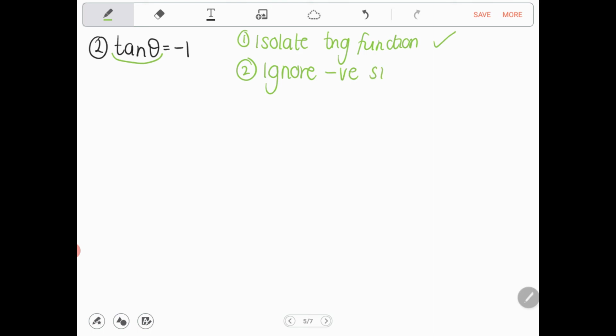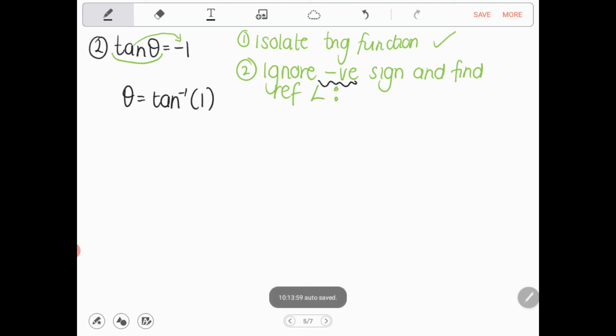Ignore the negative sign and find your reference angle. Okay, so this jumps over to this side. So theta is going to be tan minus 1 of 1. No negative in your reference angle. All right, and when we work that out, we're going to have reference angle is equal to 45 degrees.